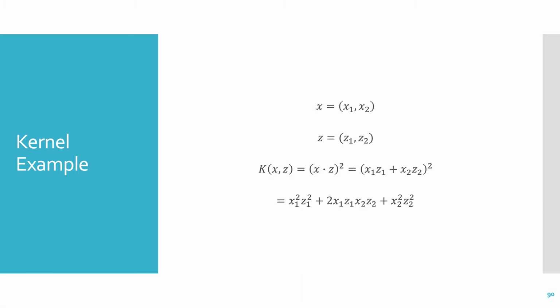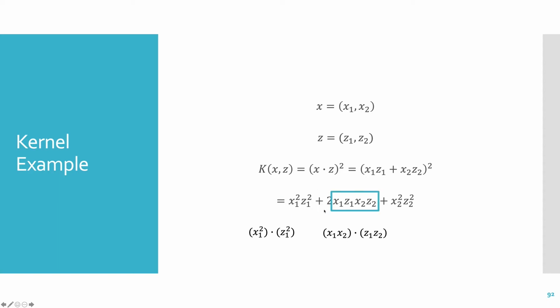Now, we want to create phi by looking at each of these elements. So first, let's look at the first term. The first term can be broken up into x only and z only, like so. So we could take the dot product between x1 squared and z1 squared, and we would get this term. Okay, let's look at the second term.